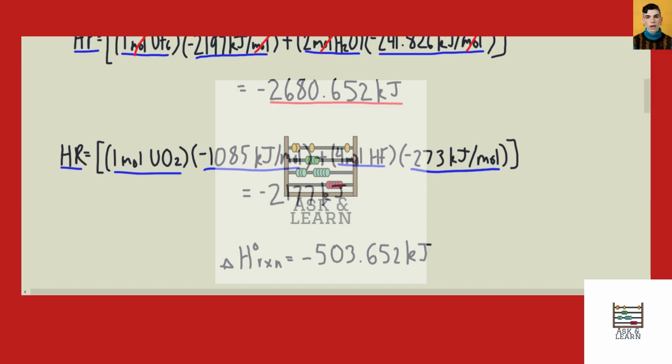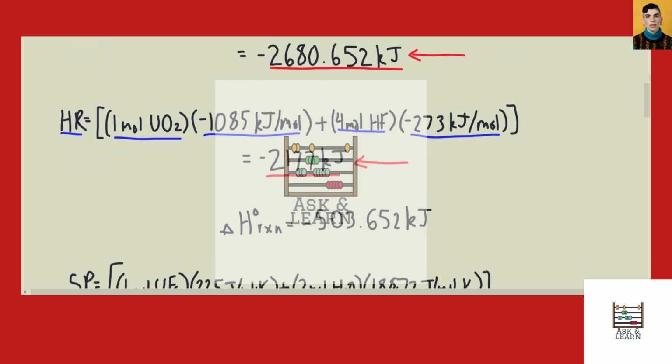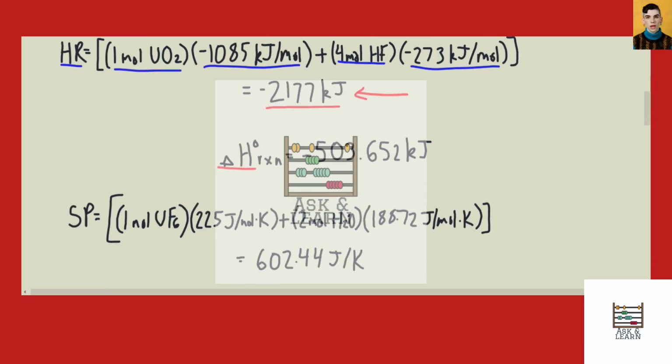We multiply them by the number of moles of each and then add them together to get the total change in enthalpy of the reactants. And now we do the total enthalpy change of the products minus the total enthalpy change of the reactants. And this is the delta H of reaction that we should find.